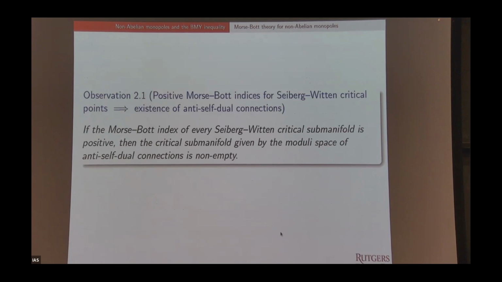So the observation then is that under all these idealized assumptions, if the Morse-Bott index of every Seiberg-Witten critical point is always positive, then the critical submanifold given by the moduli space of anti-self-dual connections is non-empty.